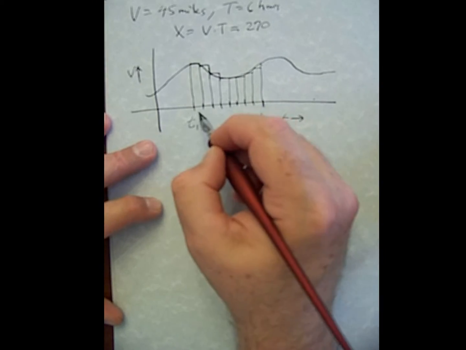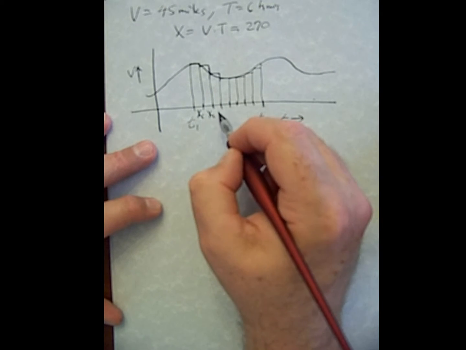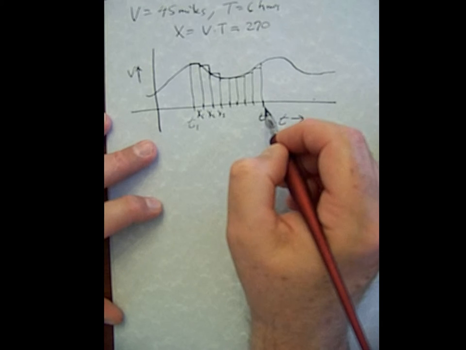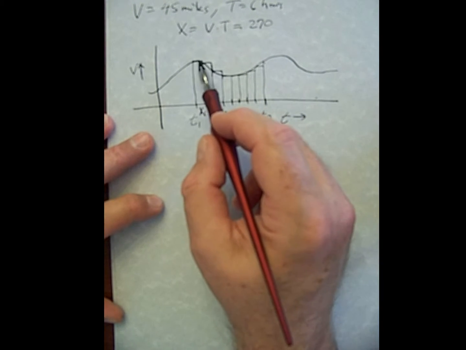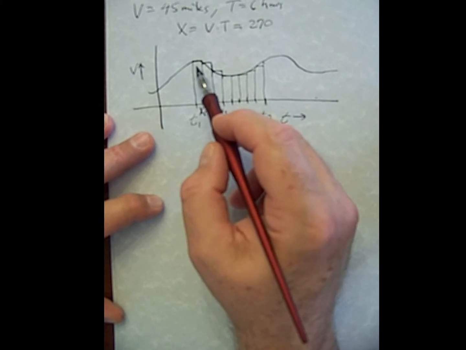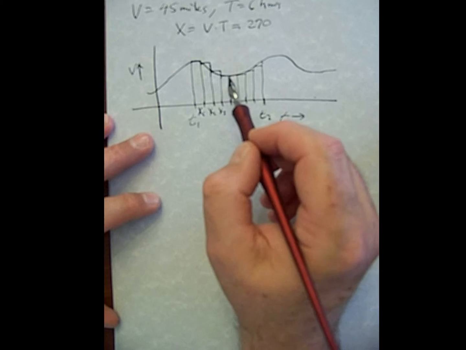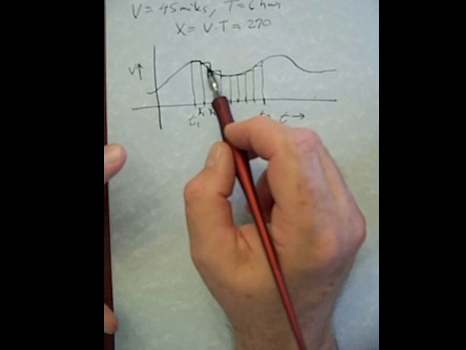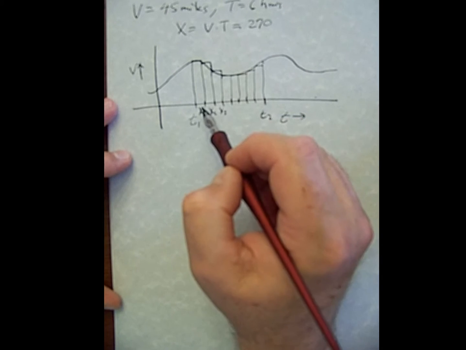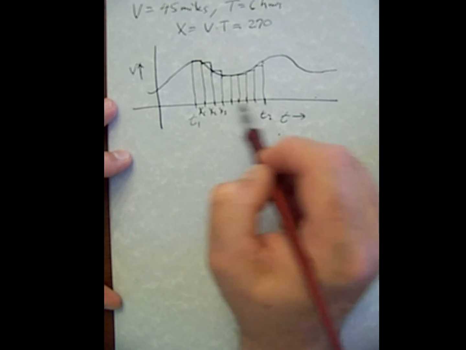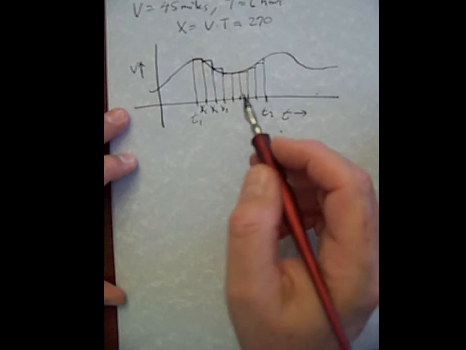So I've got these distances, x1, x2, x3, and so forth, that I can now calculate based on this. We'll call this a pseudo-average velocity. It's not the average over the entire trip, and it's not the instantaneous velocity, but it's a velocity over some fixed delta time, an hour or a minute or whatever.